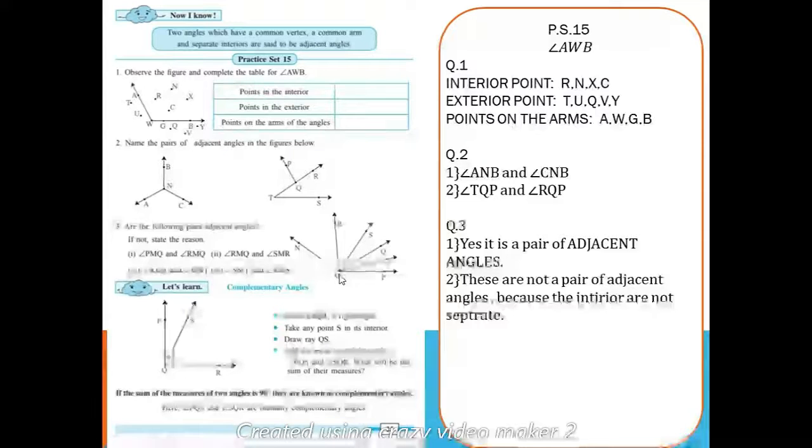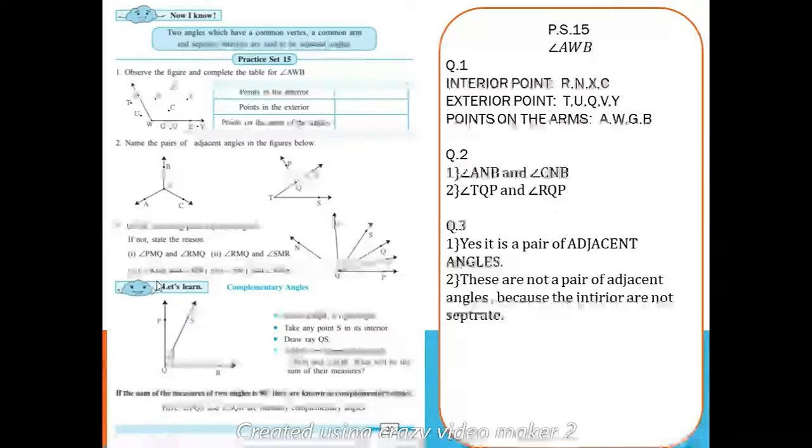Point M is the common vertex, but it does not have a common arm that will form the adjacent angle, and it does not have a separate interior point. It is forming on the one side, that is RM. So it is not an adjacent angle.